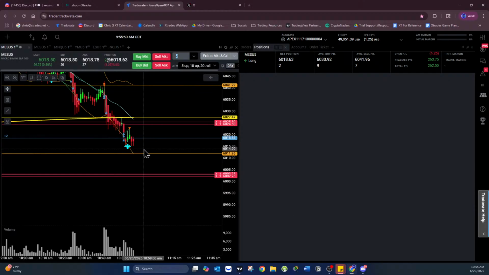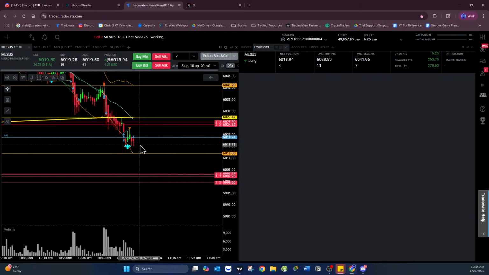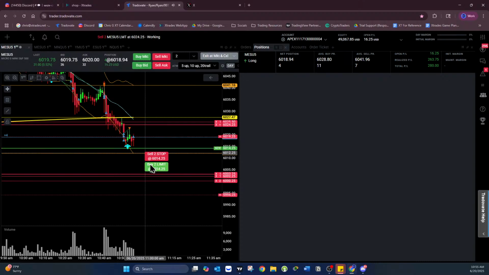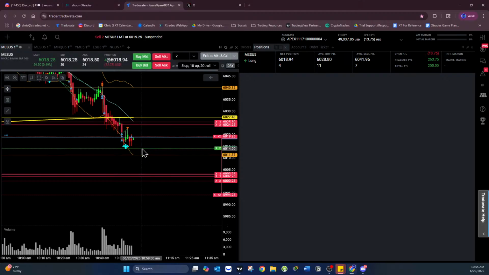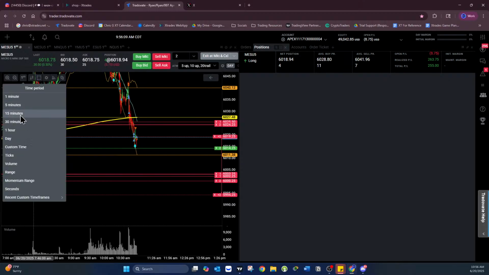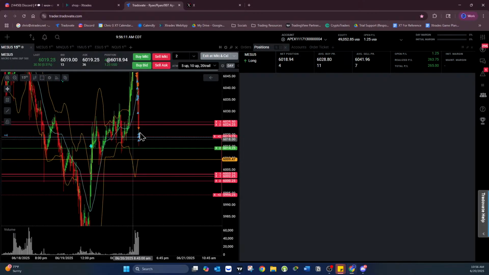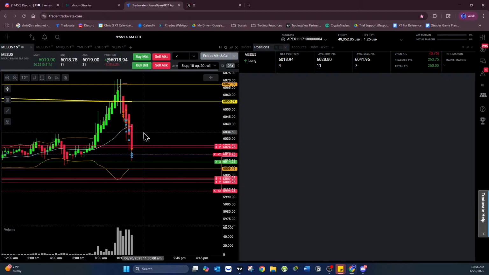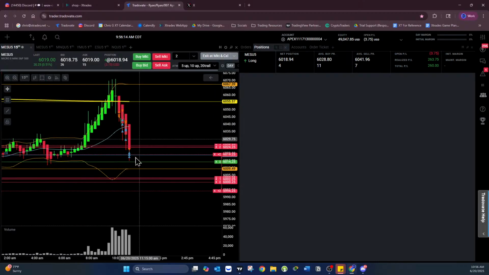So I'm going to get in a couple of longs here. Order filled. And I'm going to set an order here for 2 more longs, and I'll set a stop loss at 60.10 right here. It's probably where we were in the pre. Yeah, right here.